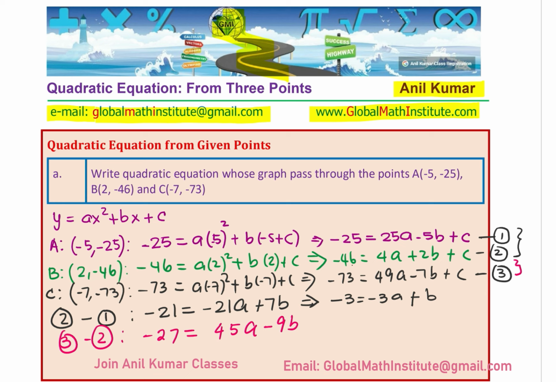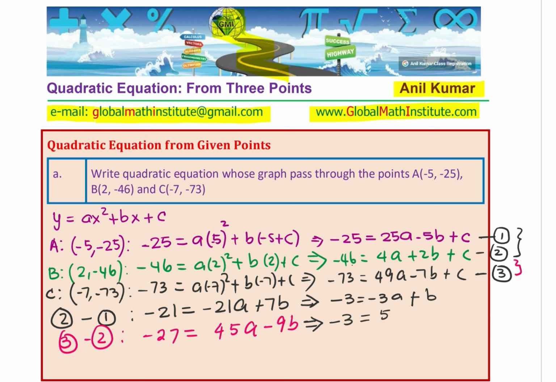Next one, we can divide by 9. Dividing by 9, we get -3, since 9 times 5 is 45, and 9 times 1 is b, so -3 equals 5a minus b.